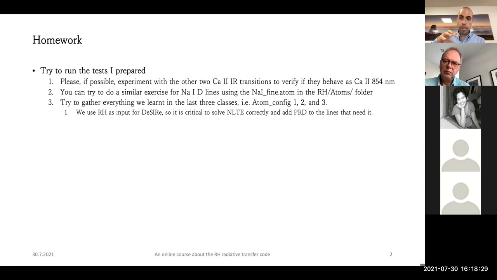It will be done by RH, and it will be done with the same files that we used today: the same keyword.input and the same atoms.input, and for example, in the calcium atom, the same calcium atom file. So PRD void will mean the same, and QCore, QWing, and lambda, everything will mean the same. So try to understand it, because you will use it later for any transition that you want to solve in non-LTE.